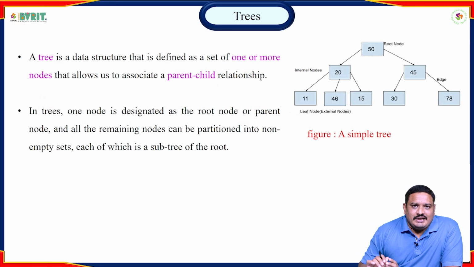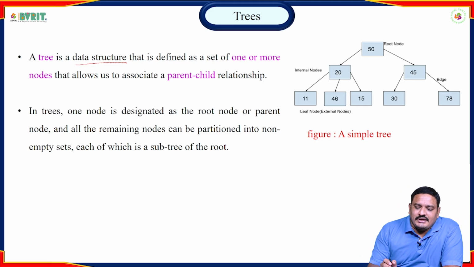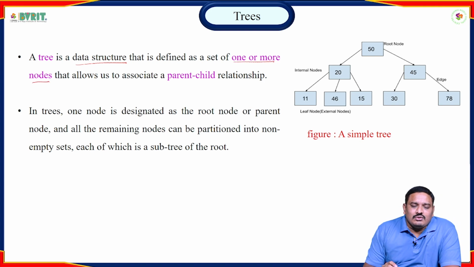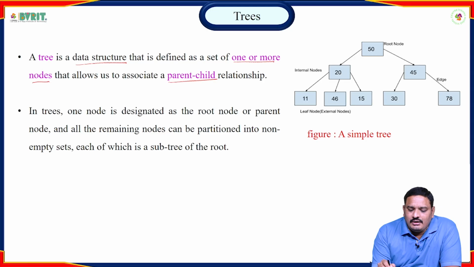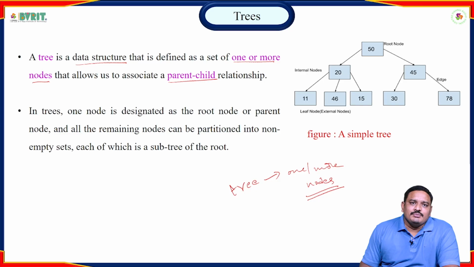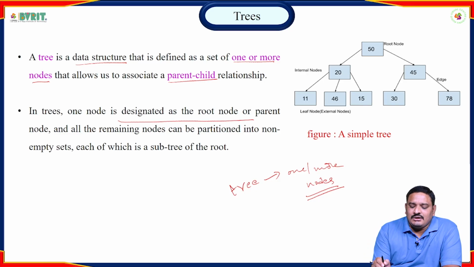Okay, coming to trees, what is the definition of a tree? A tree is a data structure that can be defined with one or more nodes that are associated by a parent-child relationship. That is the simple definition of a tree. In a tree, one node is designated as the root node.